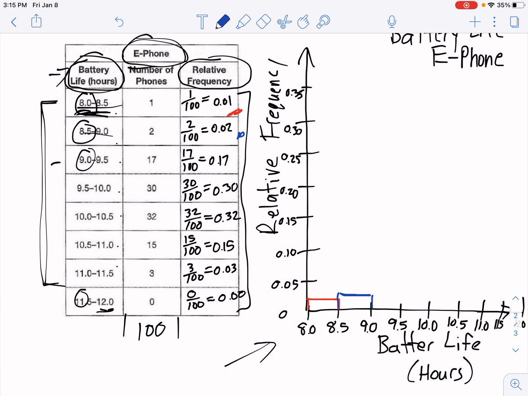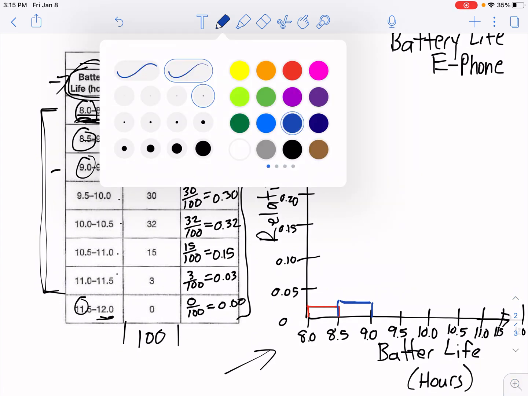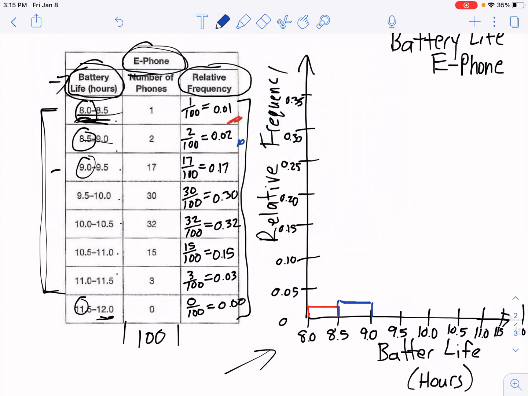It's a little bit off because I'm hand drawing this. And then from 9 to 9.5, we're going to 17%, maybe about right there, okay, for 17%.